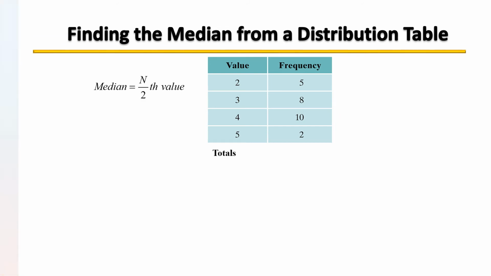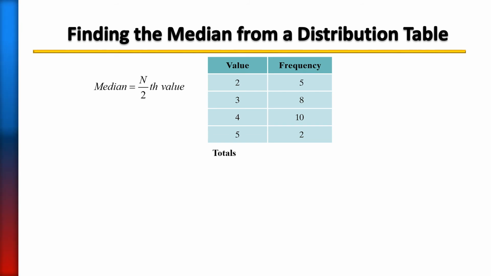Now let's find the median from a distribution table. To find the median, all you have to do is add up your frequency column, and whatever that number is, you're going to divide by 2. And that will tell you the position where you can find your median.